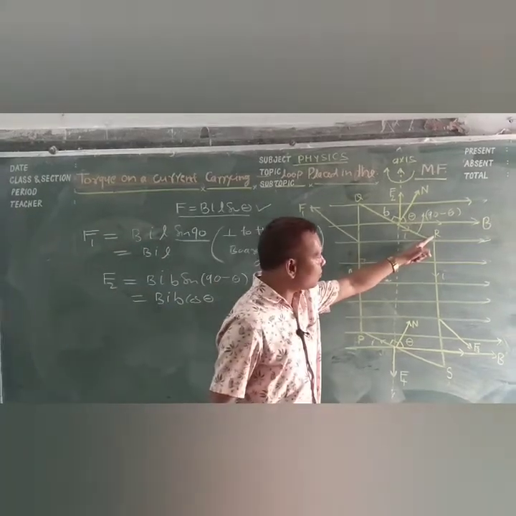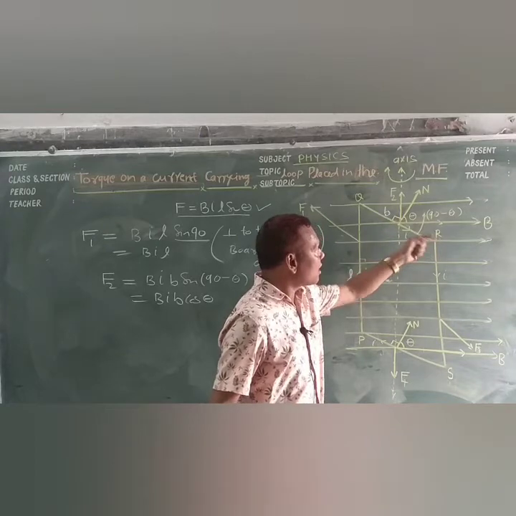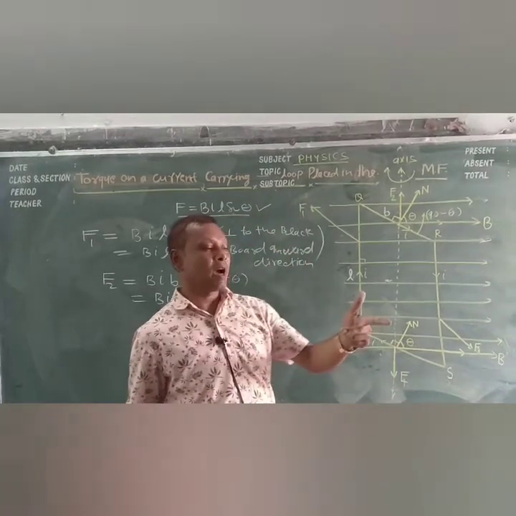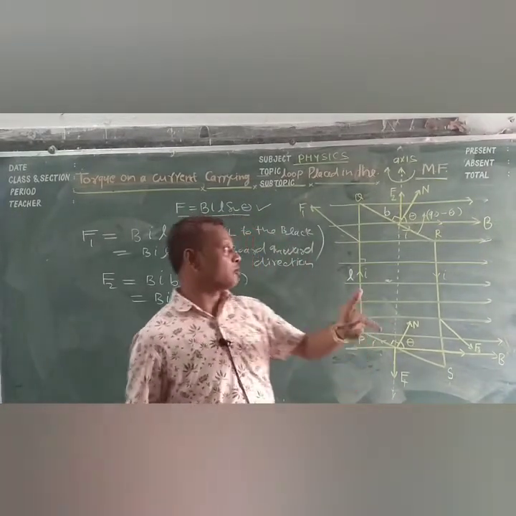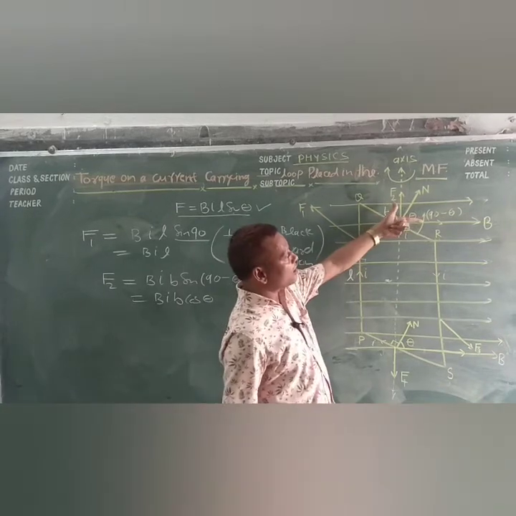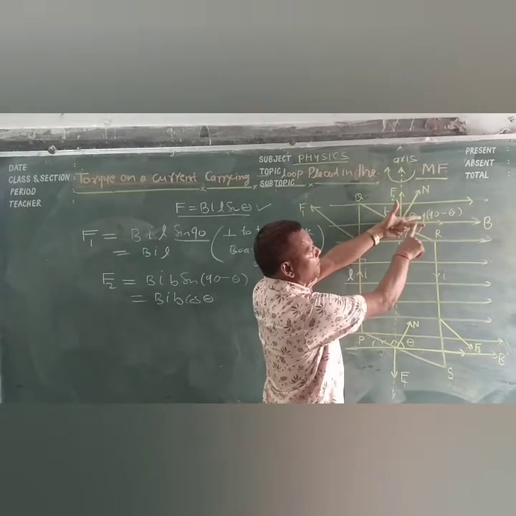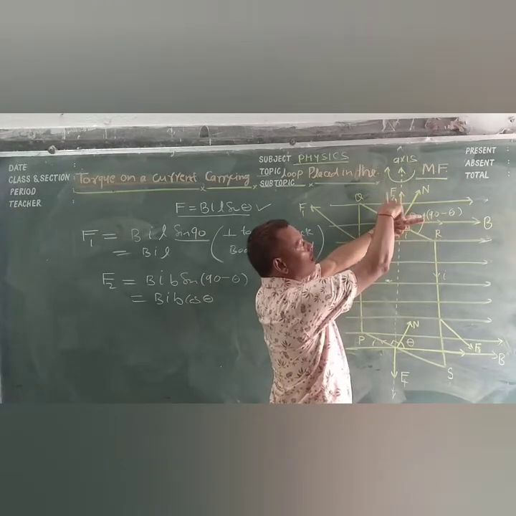Now we determine the direction of force F2 by using Fleming's left hand rule again. This is the direction of magnetic field, this is the direction of current, so this is the direction of force.